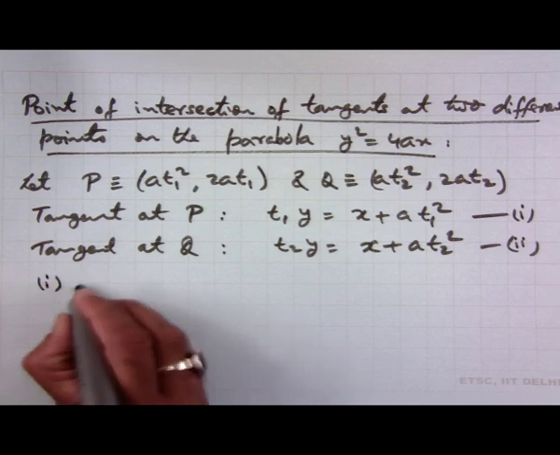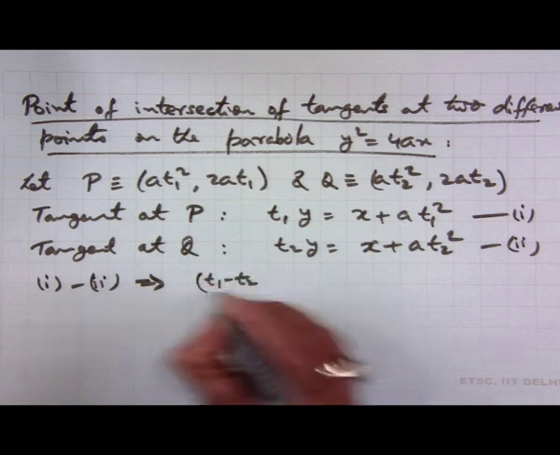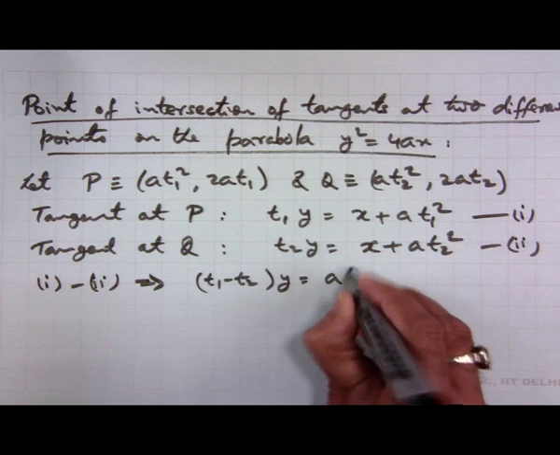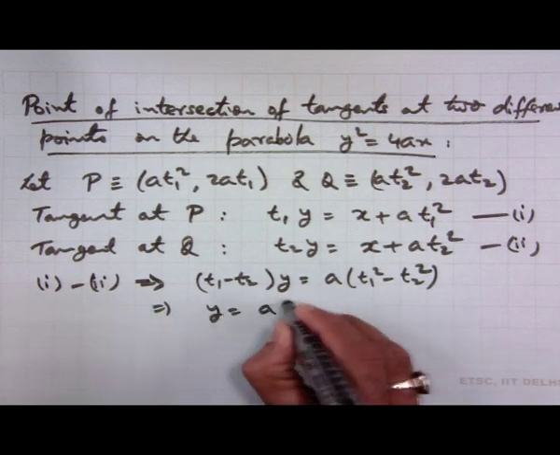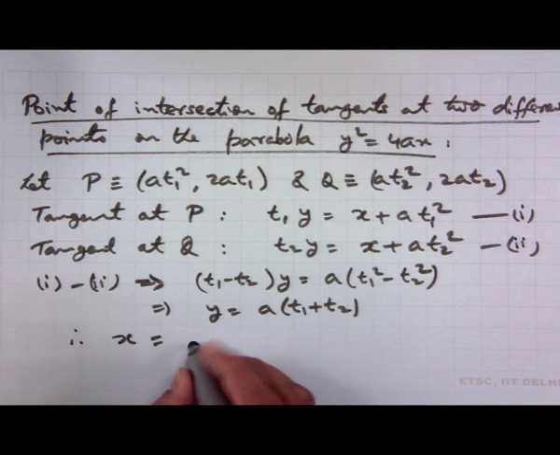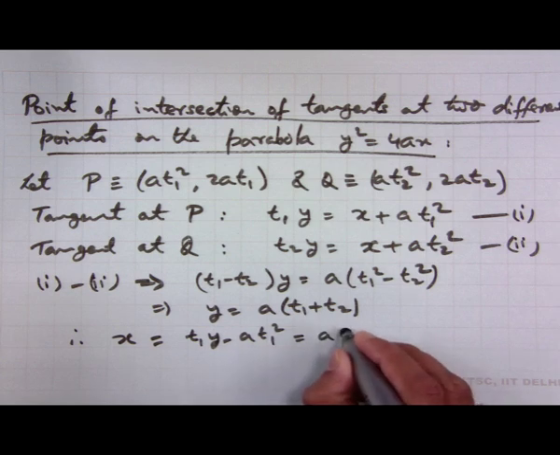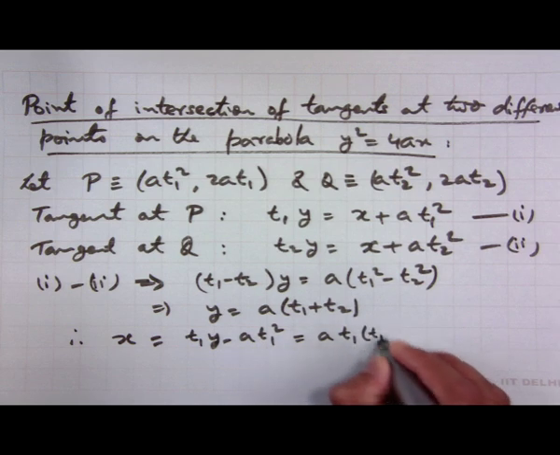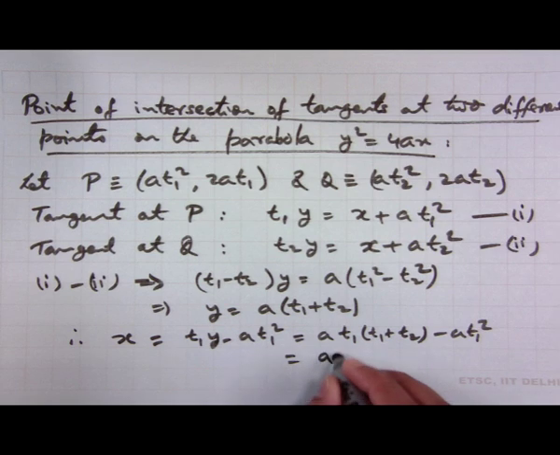So, 1 minus 2 will cancel x and we get t 1 minus t 2 times y equal to a times t 1 square minus t 2 square, which implies y is equal to a times t 1 plus t 2, and therefore, x from equation 1 is t 1 y minus a t 1 square, which is a t 1 times t 1 plus t 2 minus a t 1 square, which is equal to a t 1 t 2.